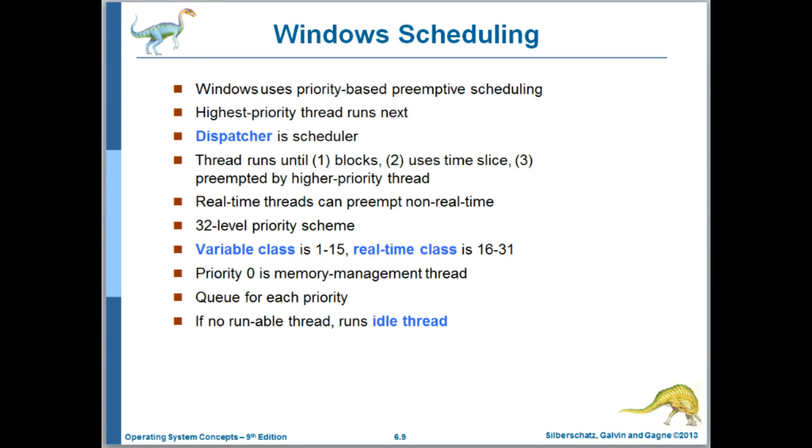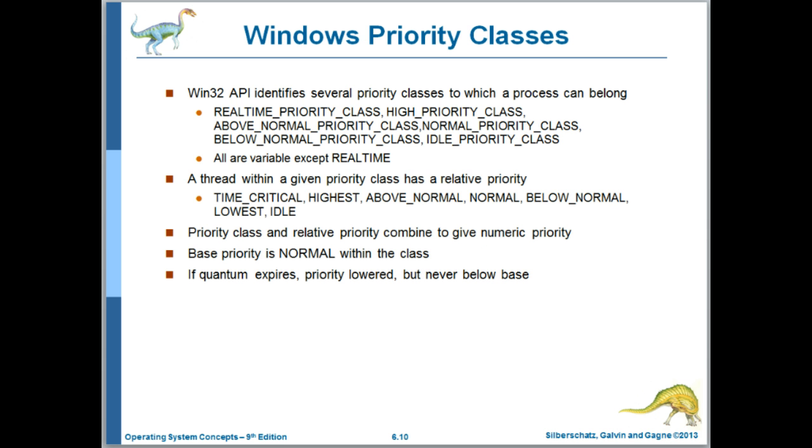So Windows uses a multi-level queue with 32 levels, similar in concept to what we've seen in earlier sections of this chapter. And there's feedback. So if a Windows process expires its quantum, its priority is lowered, but never below a base amount for that scheduling class.